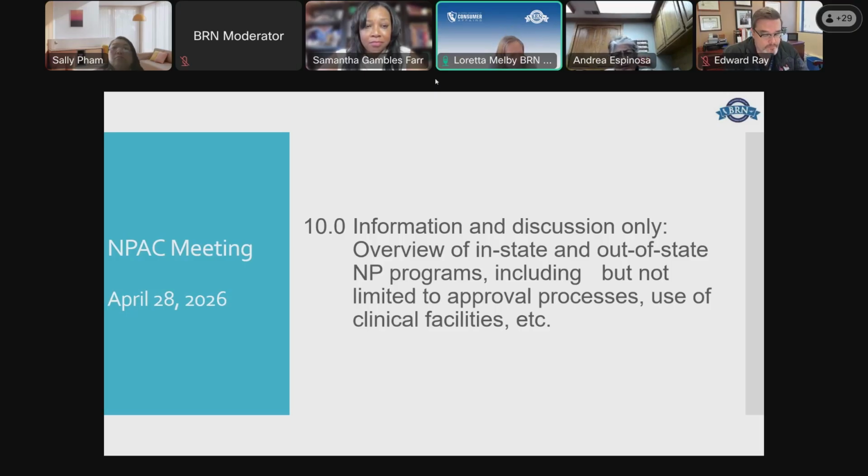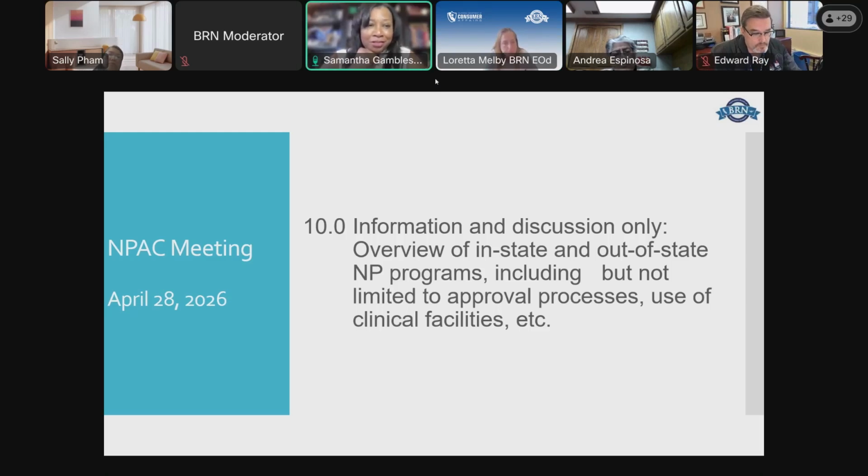If our in-state programs wanted to grow or become new, they're having difficulty finding clinical placements. Additionally, in this process, it was learned that students and or schools are paying for clinical placements, and that is not illegal currently.